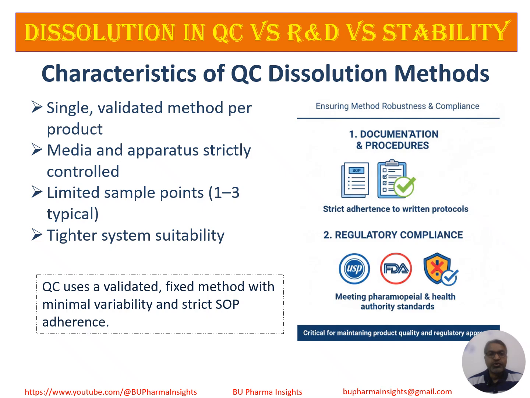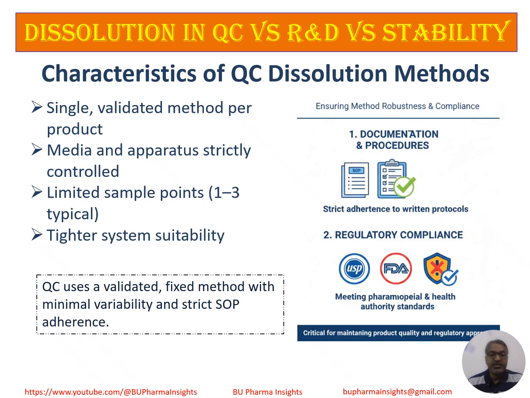In quality control, dissolution testing relies heavily on automation, daily calibration, and repeatability. QC uses a single, validated, and fixed method for a product, with strict SOP adherence and minimal variability.